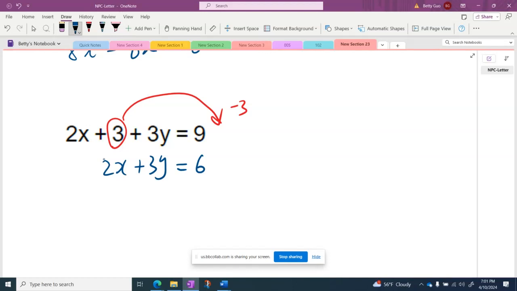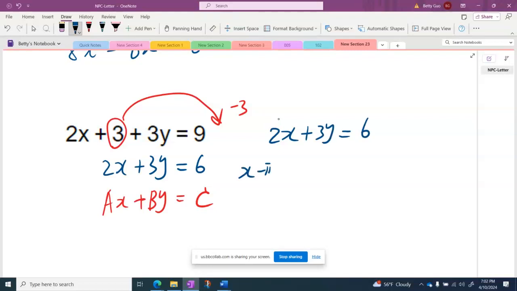This is the standard form, by the way. ax plus by equals c is the standard form. I'm not sure if you remember, I mentioned this, and I recommend that you include that rule in your notes. When the equation is in the standard form, using the x-intercept and the y-intercept to graph the line is very convenient. That's the rule. So let's see how and why it is convenient when the equation is in the standard form.